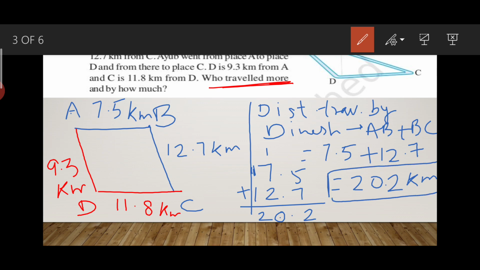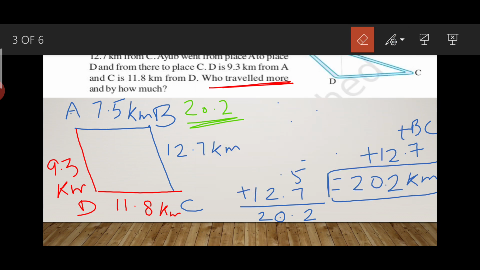You note it down and then I will erase it so that we can also find the distance traveled by Ayub. Pause the video and note it down. Now the distance traveled by Dinesh we have seen is, I am writing it here, 20.2. Now what we have to find is the distance traveled by Ayub.